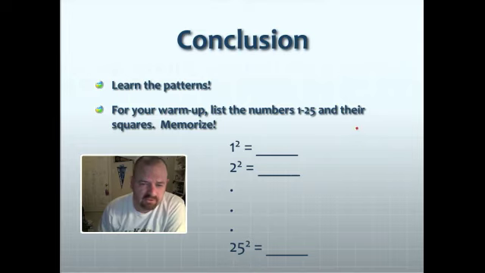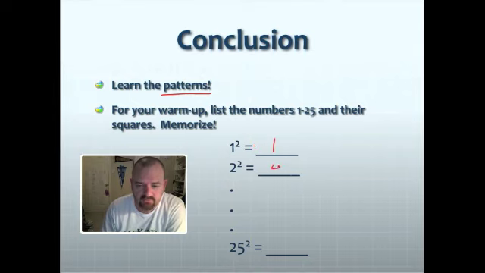Finally, that brings us to our conclusion. I can't stress it enough. Learn these patterns. Learn the patterns. You want to make it easier on yourself? Learn the patterns. What I want you to do for the warm-up for tomorrow, and I want you to have this done before you take the test or get too far, because you're going to need it, is just go off to the side, go in your notes, go on another sheet of paper, wherever. List all the numbers from 1 to 25 like this, and square them all.